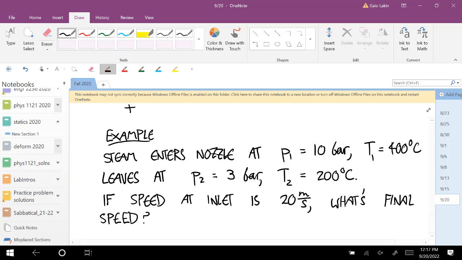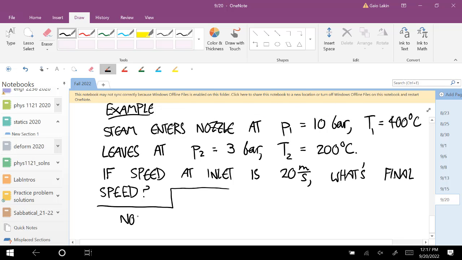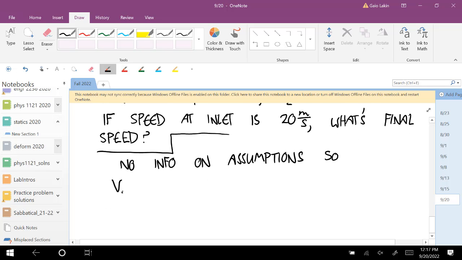Well, this question didn't say anything about specific assumptions to make, so we're just going to go with the form that I just came up with. There's no information on assumptions. So we'll just use VE squared over 2 minus VI squared over 2 is equal to HI minus HE.